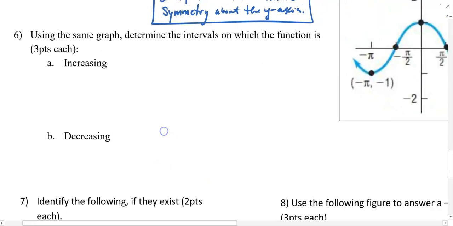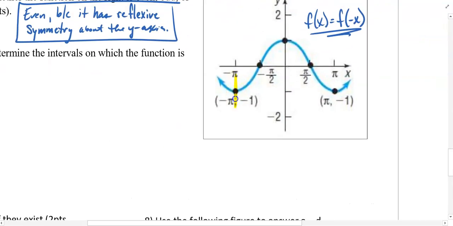Now, using the same graph, determine the intervals on which the function is increasing. So increasing, it looks like from this position to this position, the graph is increasing. And then again here onward, there is an arrow, so we're going to assume that this is turning upward forever.